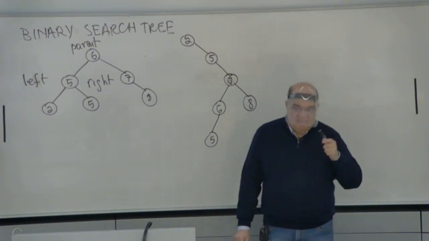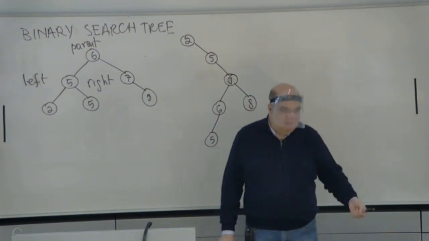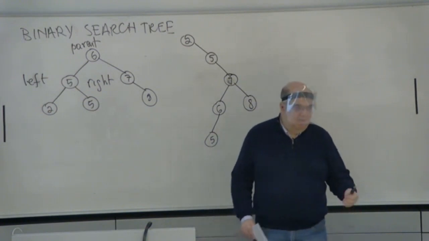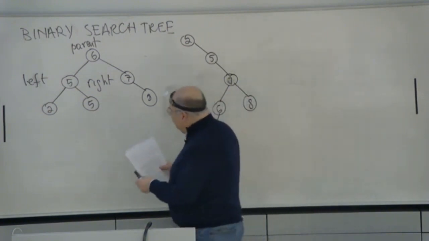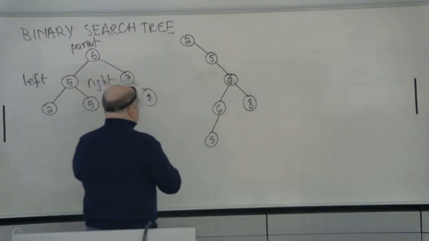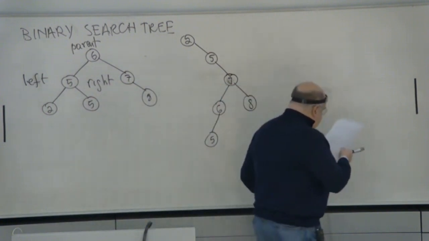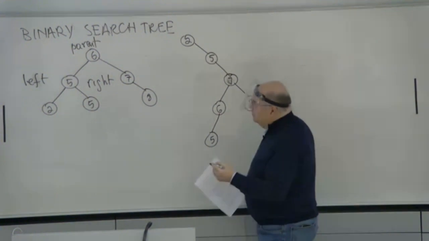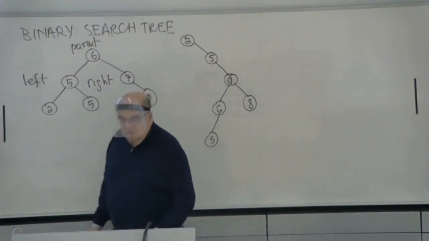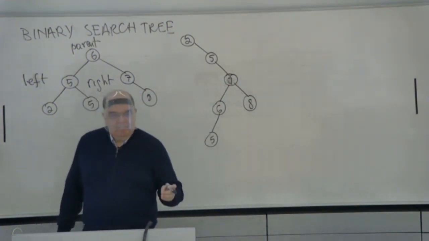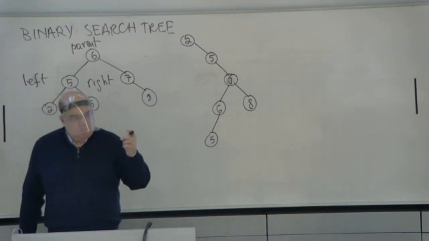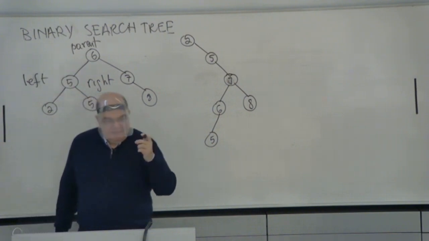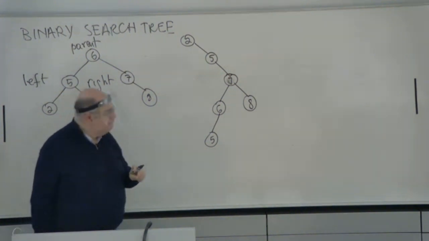And whenever one of these pointers points to nothing, you just say the pointer is null or nothing. This means that every node contains more information than the one in the heap. The one in the heap just uses the index of the array.